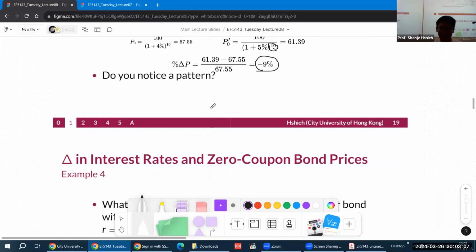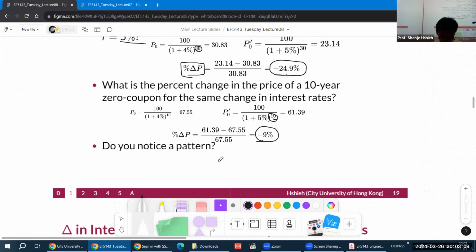So maybe you're thinking, well, if we increase the yield to maturity, you will decrease the percent change, right?